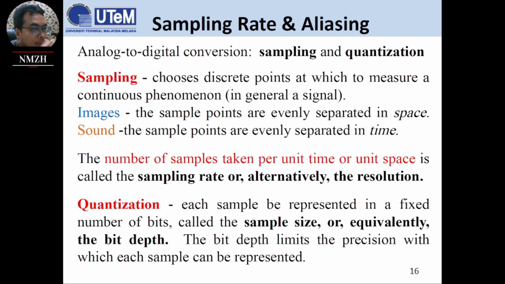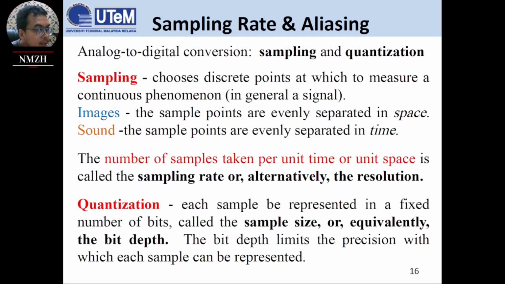Sampling makes the data into discrete points at which we measure the continuous phenomenon. So sampling is changing the continuous to the discrete. In an image, the sample points are evenly separated in space.